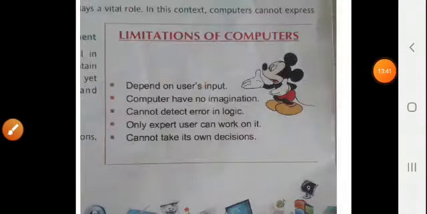Now see, beta, the limitations of computer means there are some disadvantages of computer. Although a computer is far better in performance than a human being, it fails in certain ways. What are those ways? First of all, computers cannot think.